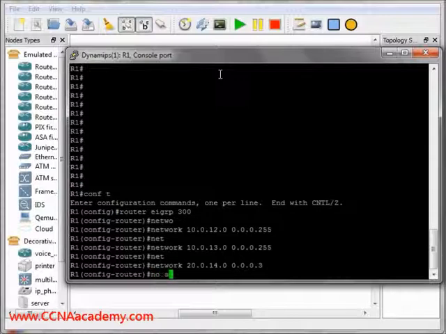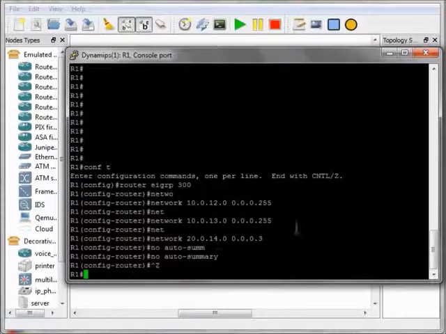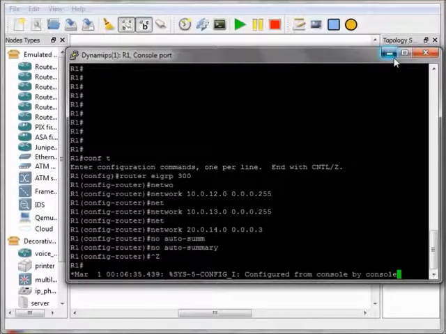Then no auto summary. By default, EIGRP makes summarization to classful boundaries. No auto summary command prevents EIGRP from making summarization for IP addresses to its classful boundaries. So now we finished router 1 configuration.